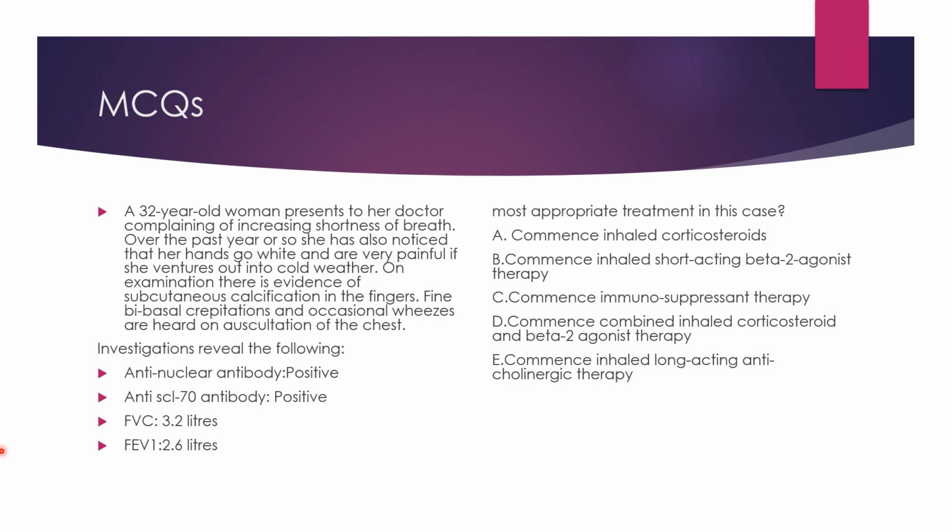And they have given some investigations: anti-nuclear antibody positive, anti-Scl-70 positive. Here the important thing is FVC is 3.2 liters and FEV1 is 2.6 liters. You might be confused about these values in liters, because all we have discussed is reduced, increased, the ratio, but we have not discussed the actual values.